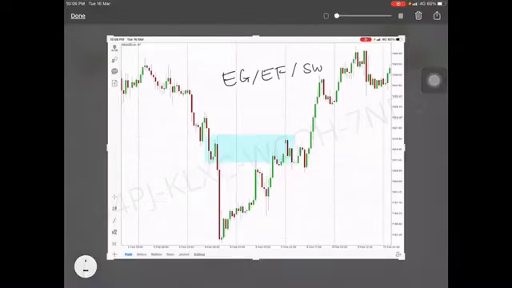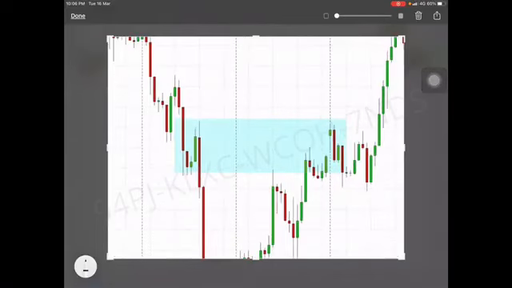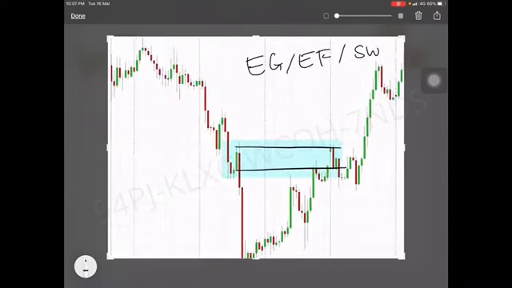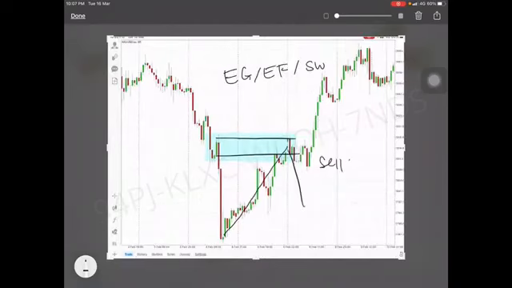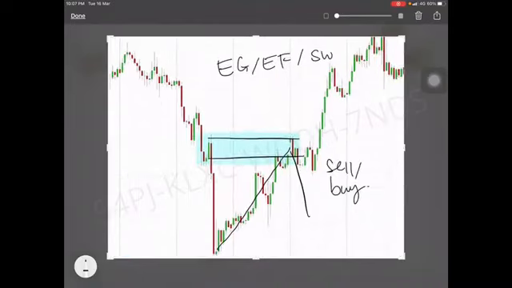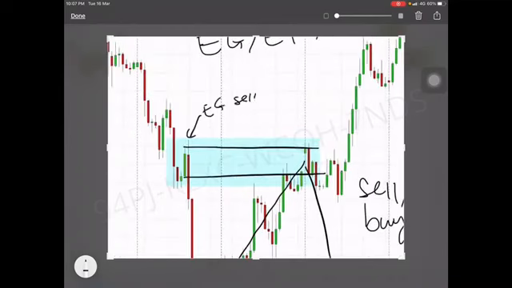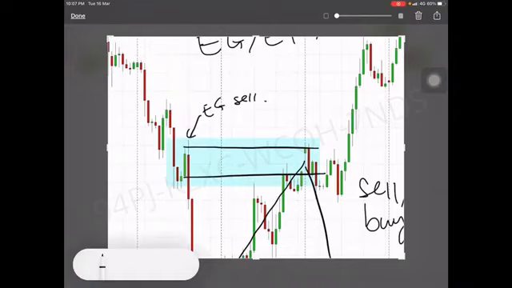So this is your engulfing sell. When the price comes here, are we looking for sell or buy? Buy. Why buy? Yes, engulfing sell, so we are looking for sell.